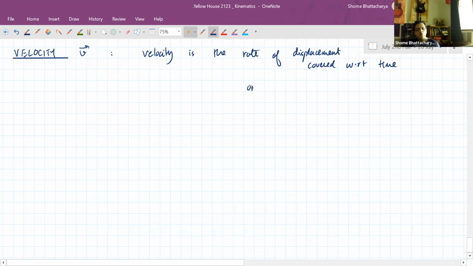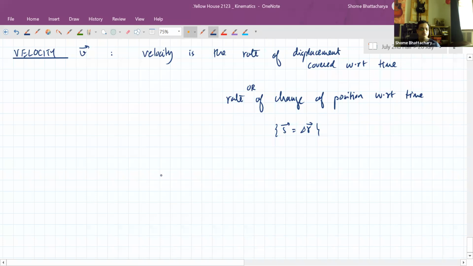Or we can also talk about it as the rate of change of position with respect to time, because displacement is the same thing as change in position. So rate of displacement covered with respect to time is the same as the rate of change of position with respect to time.